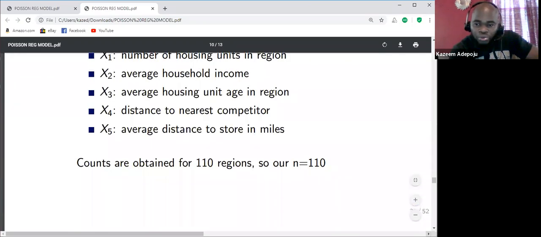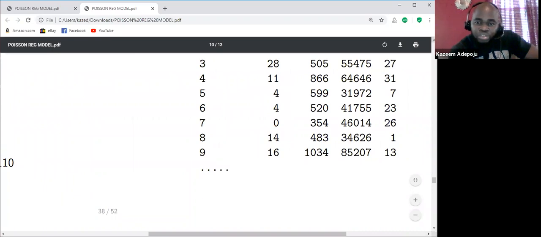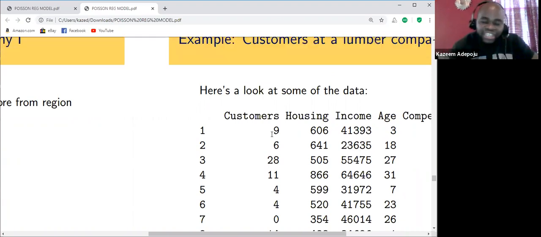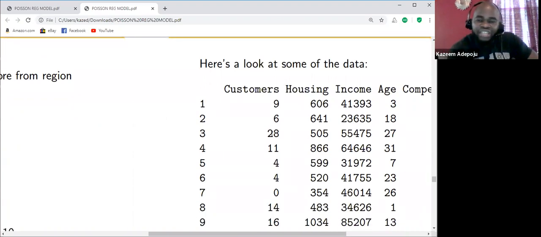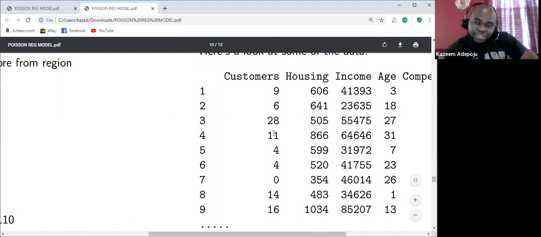When you plot the histogram of the response variable, one of the conditions for using a linear regression model is that the distribution of the response variable has to be normal. But when you draw the histogram for customers, which is a count, it's not going to be normal.